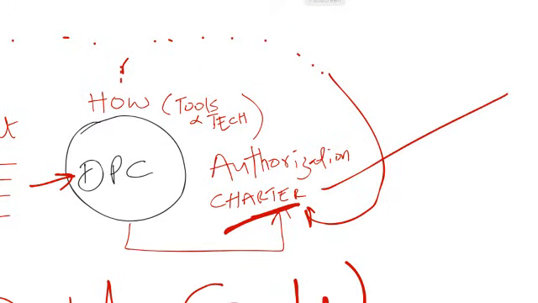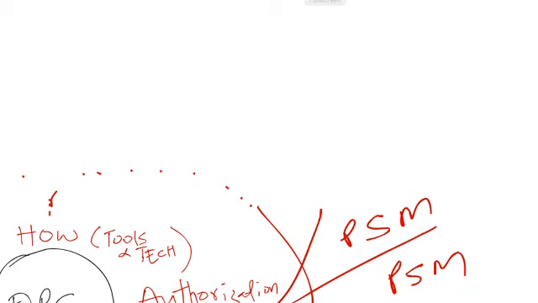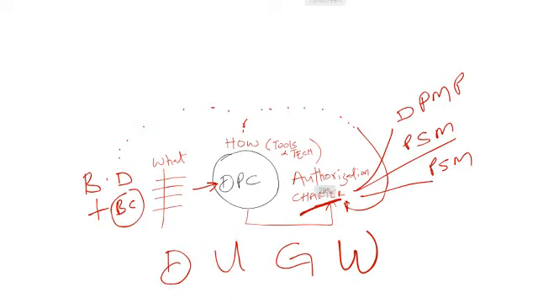Your project charter goes to plan scope management. It goes to plan schedule management. It goes to develop project management plan, doesn't it? That is the next level of awareness as you study the PMBOK guide.